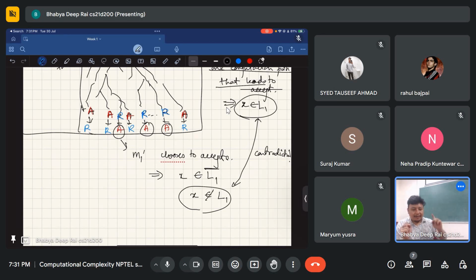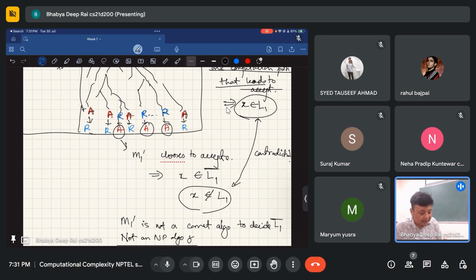This is why M1 prime is not a correct algorithm to decide L1 bar. So we don't have an NP algorithm for deciding L1 bar. So in fact, like Rahul pointed out, this is an open problem. This is a huge problem, in fact.